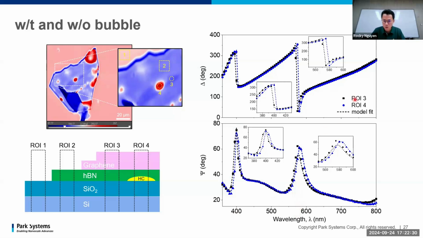Comparing the regions without the bubble and with the bubble, we can see a horizontal shift of a few nanometers in the wavelength for both delta and psi data. This suggests a difference in the optical properties of the graphene layer when we have the bubble below the surface.